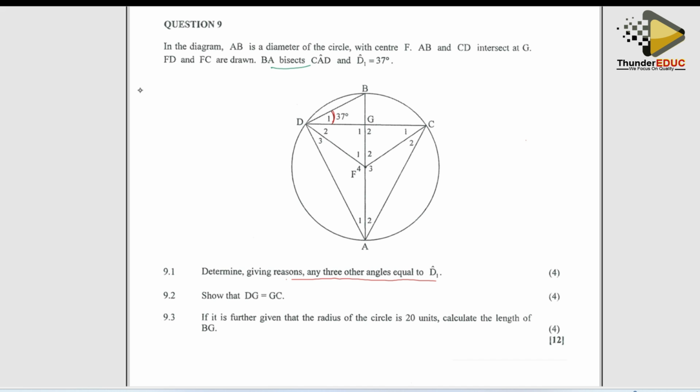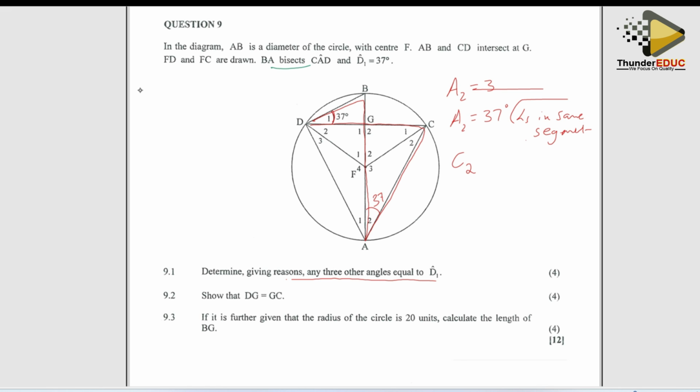So with this, I can say that my A2 is 37. The reason is going to be angles in the same segment, because we can see the bow tie in this format. So this is 37.